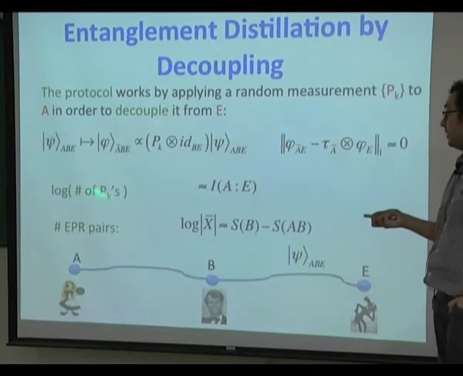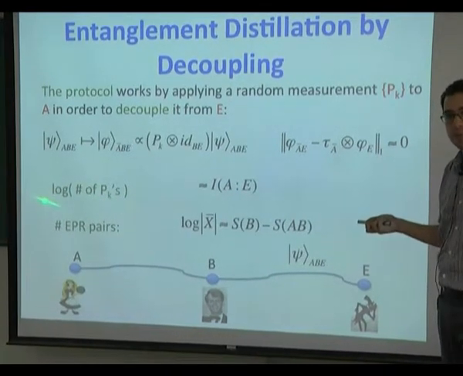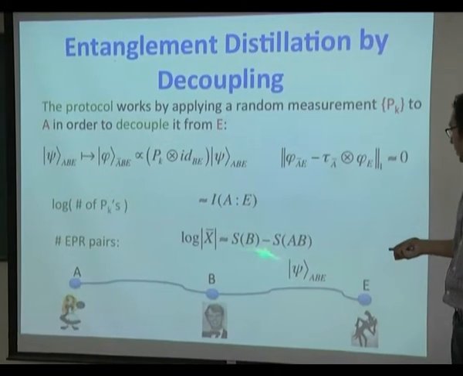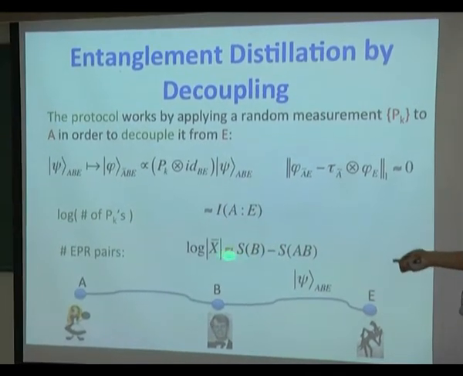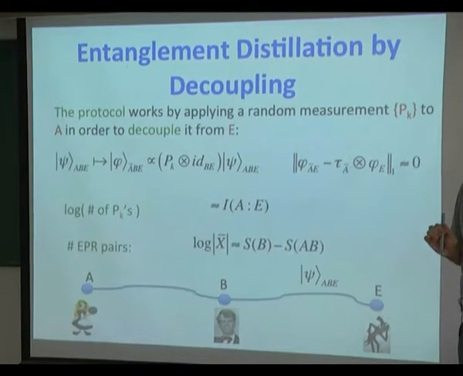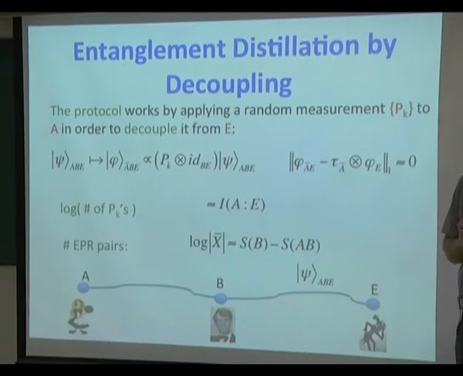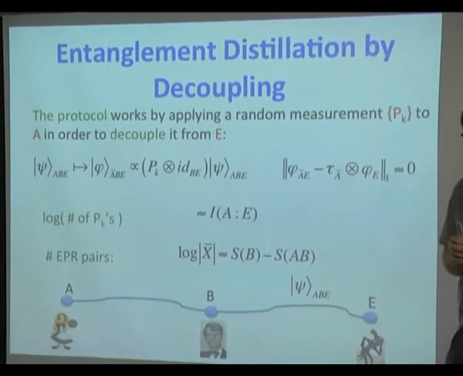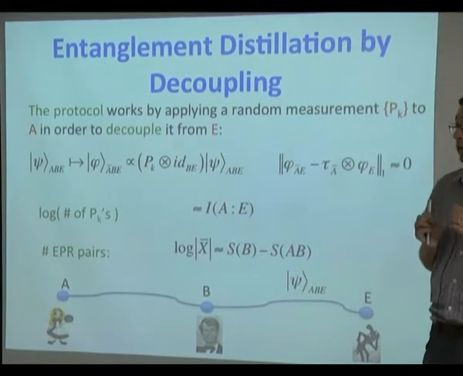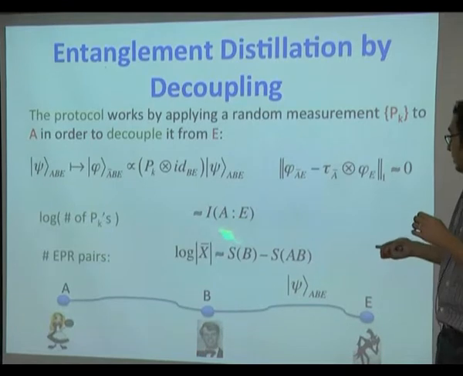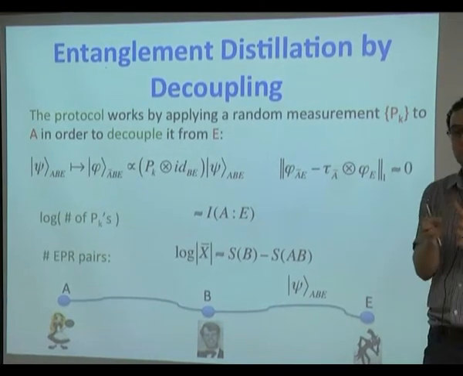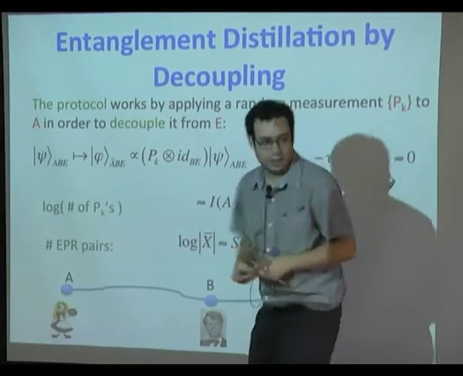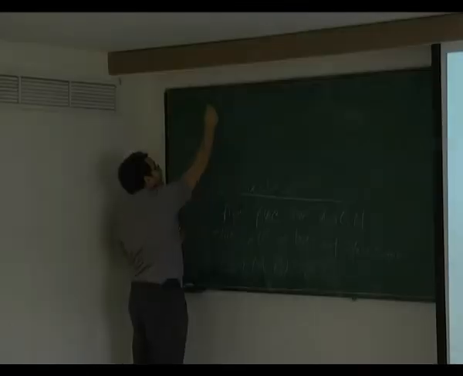It is a random measurement, but the log of the dimension of each one of these PKs is equal to that. That's the only constraint. Sorry, the number is fixed, but you also require that all the dimensions of them are the same. So more concretely, let me write this down.